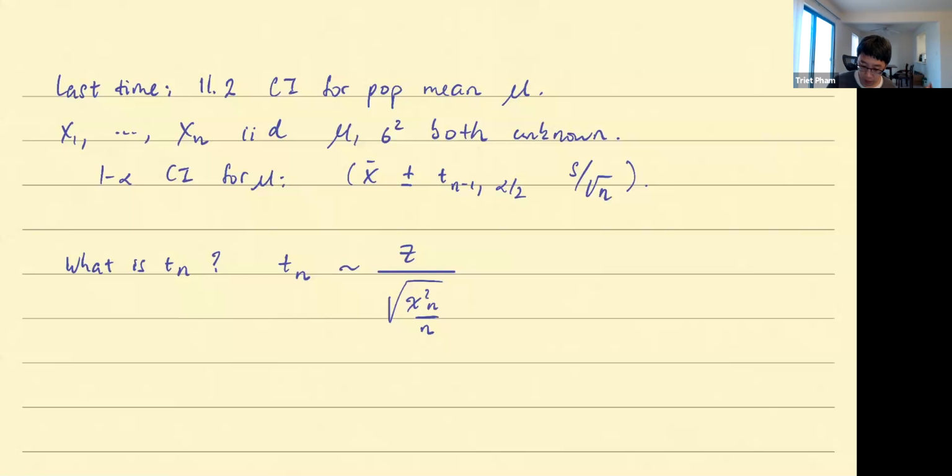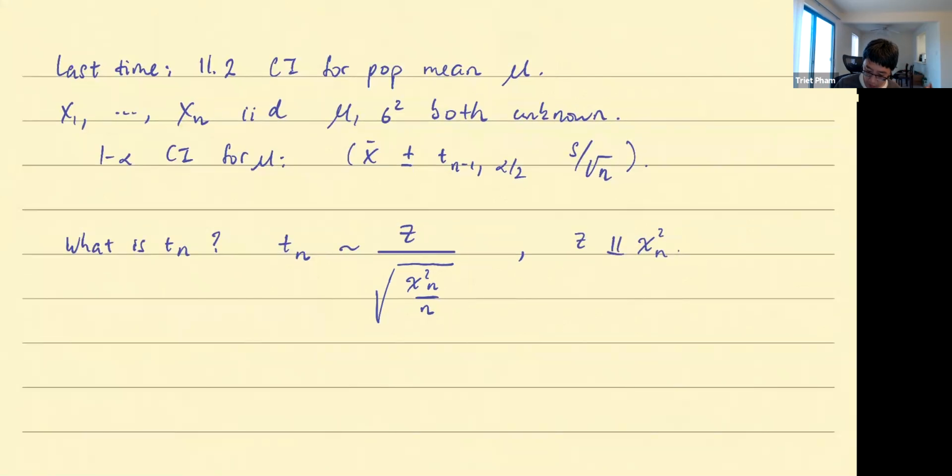You take the chi-square with n degrees of freedom, and you normalize it with n, and then take the square root, where we also require that the standard normal and the chi-square are independent.